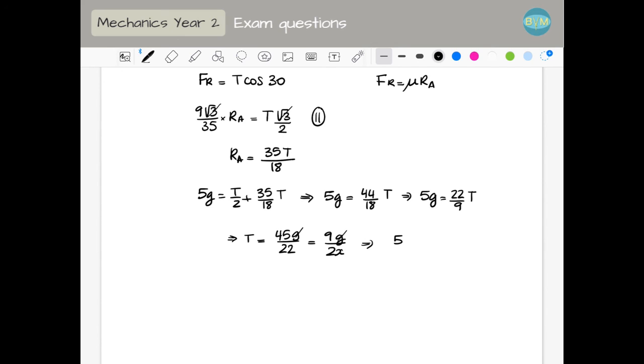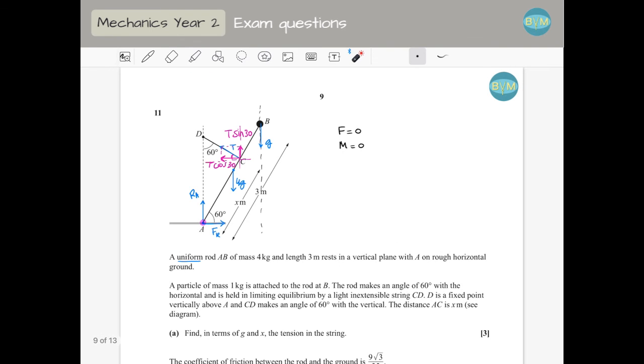So I have 5 over 11 is going to be 1 over x, which means that x is the reciprocal of that. So 11 divided by 2, or 5.5 meters. Which is something that makes sense because this is 3. So this x cannot be greater than 3. If we get 5 meters, something is wrong. And that's all with this question.